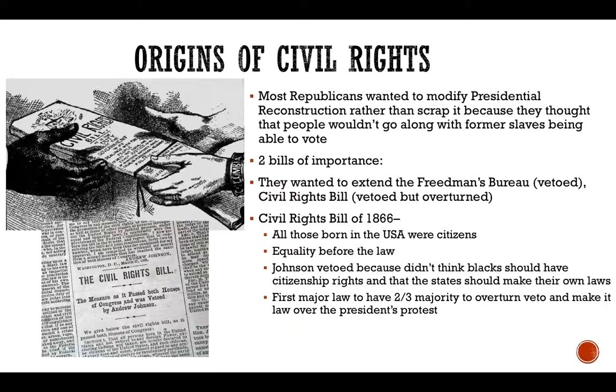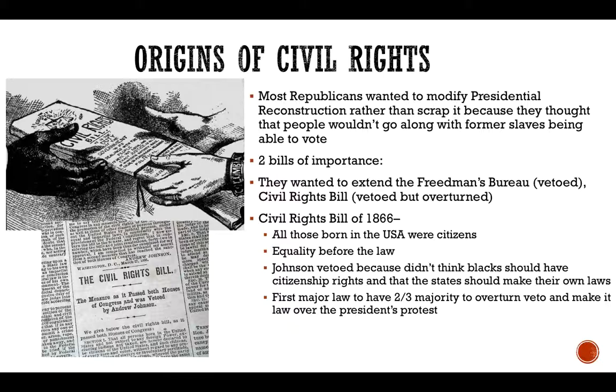There were two bills of importance with regards to civil rights at this point. There was the interest in extending the Freedmen's Bureau, which was vetoed, and the Civil Rights Bill, which was vetoed but overturned.